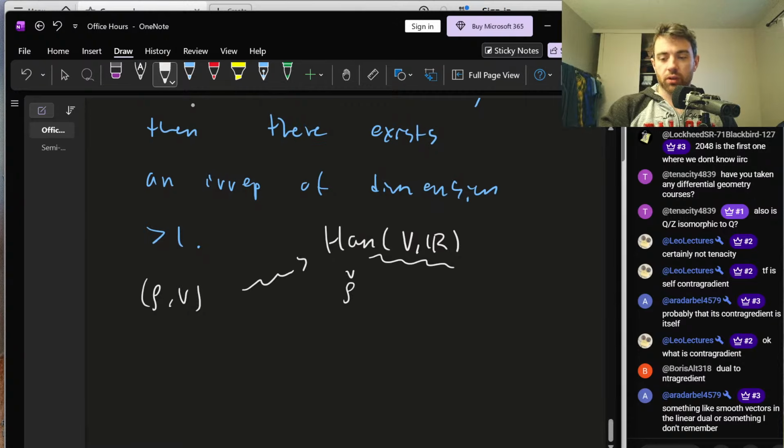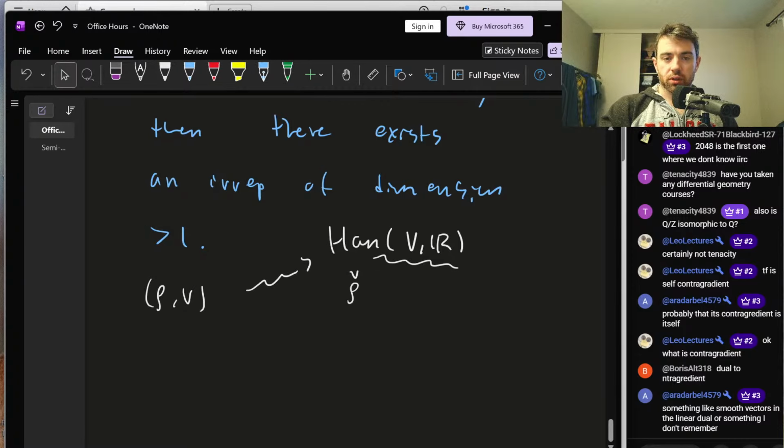Here we're doing finite groups, so we don't need to do smooth vectors. But you're right, definitely in the infinite dimensional case, if we're talking about Lie groups and stuff, we gotta do it.